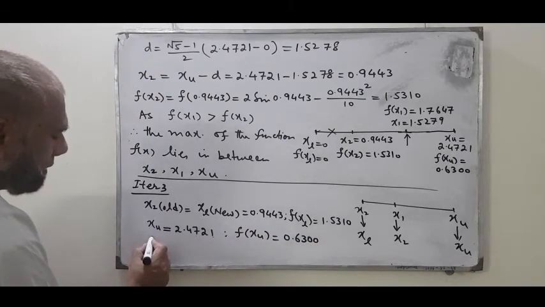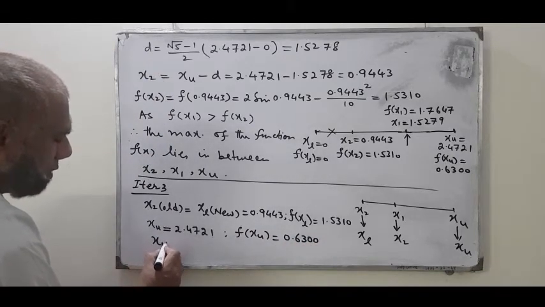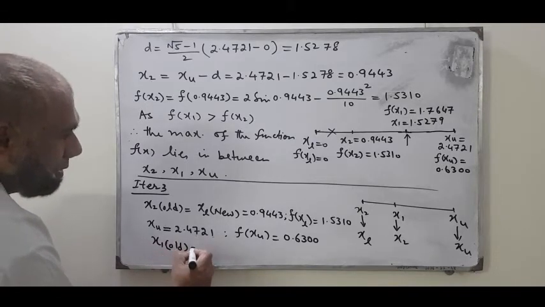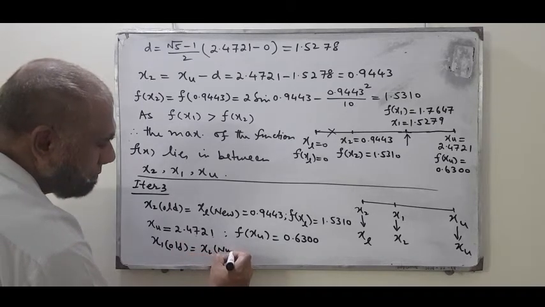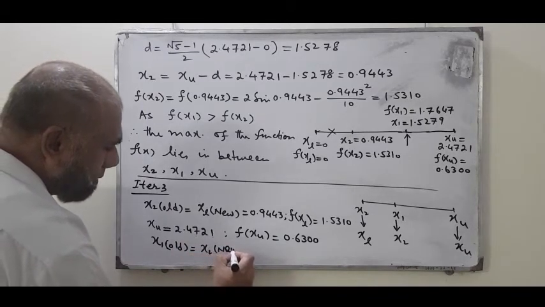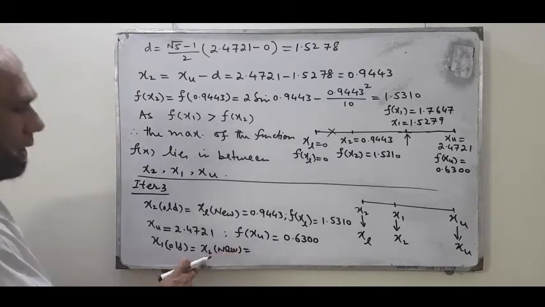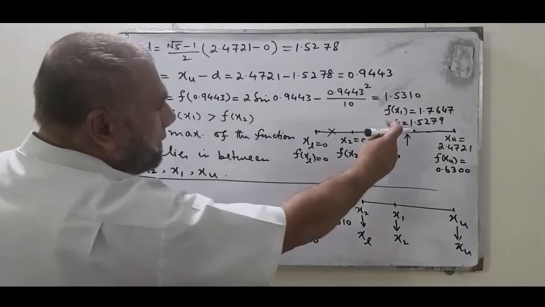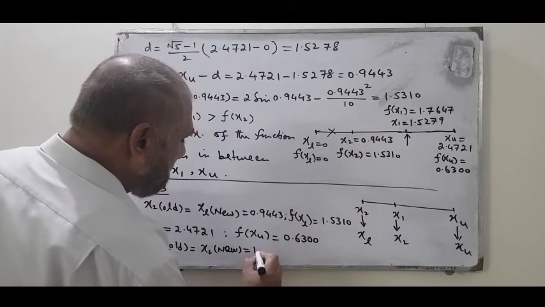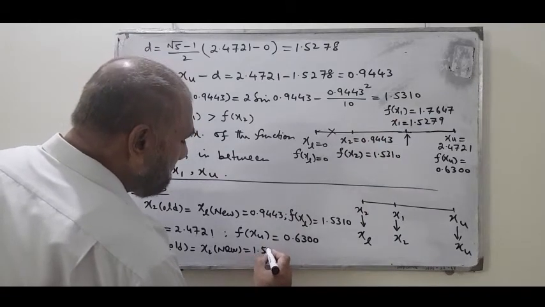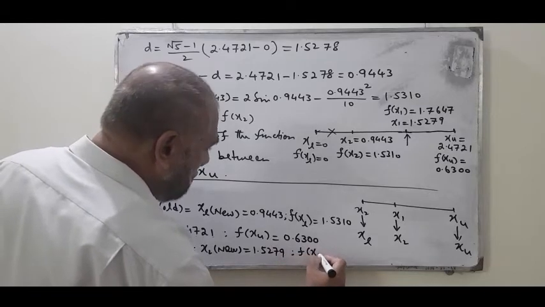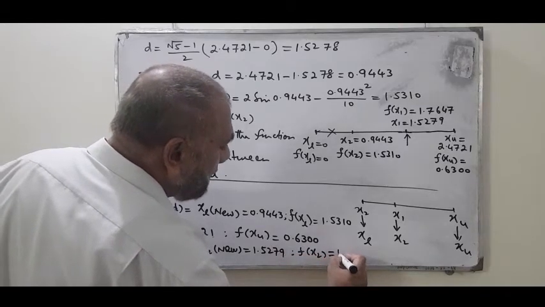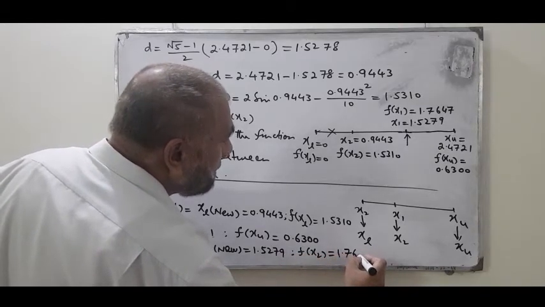And the center point, which is x1 old, now changes to x2 new, and this is equal to x1 old, which is 1.5279, and the function's value at x2 new will be equal to 1.7647.